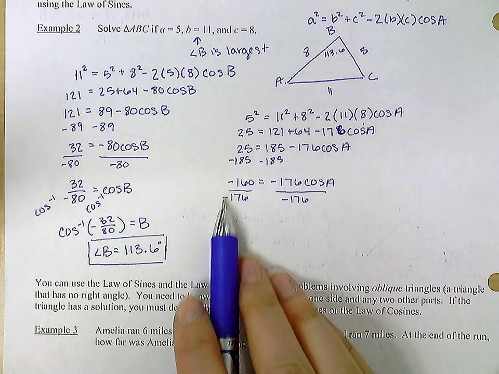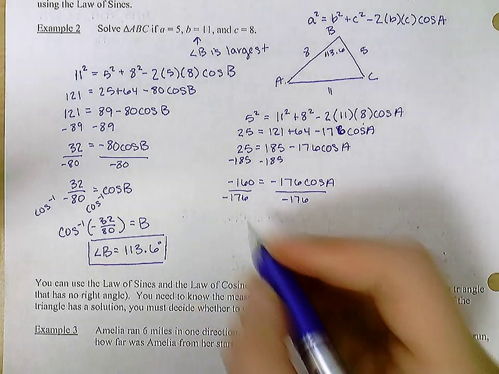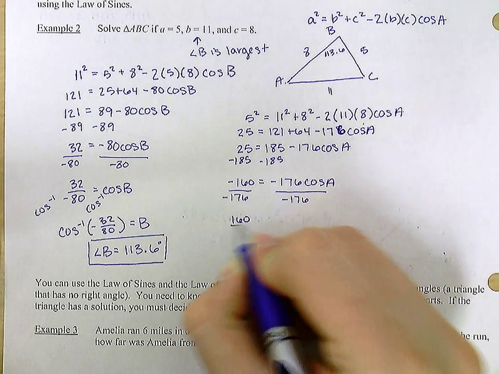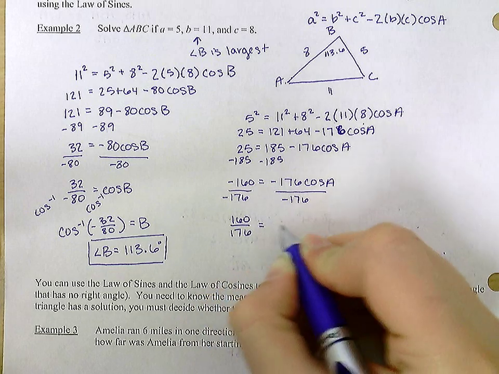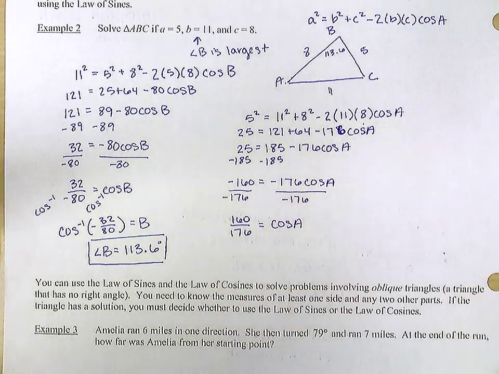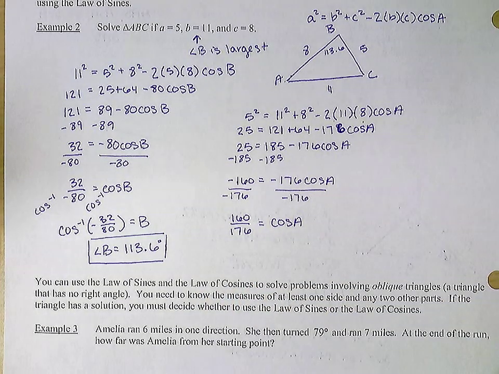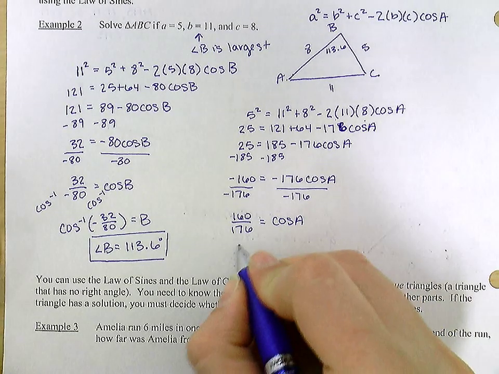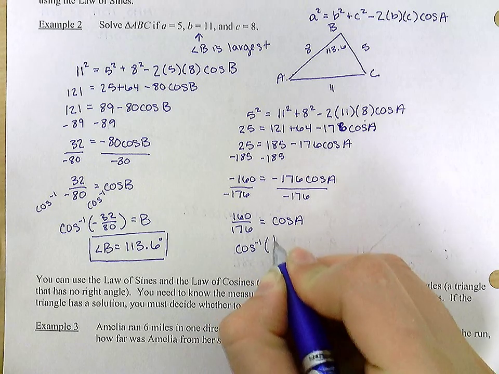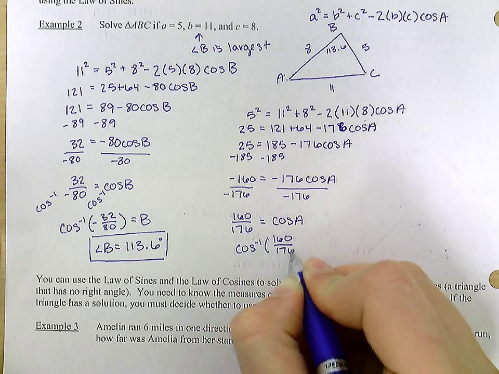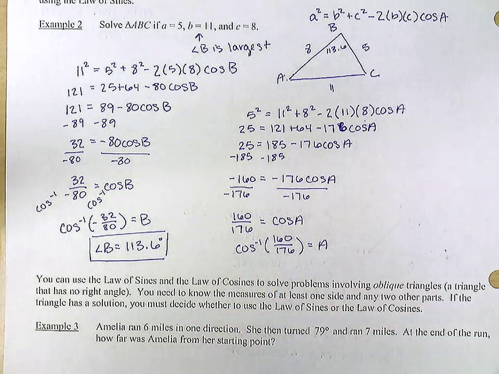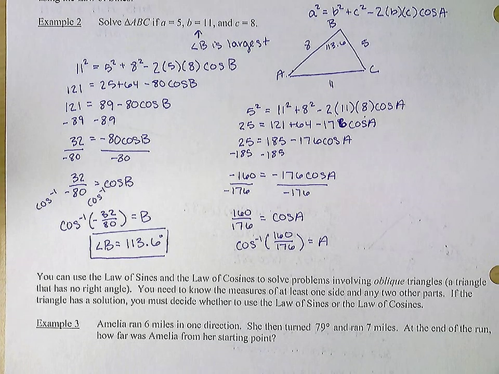Again, if I divide a negative by a negative, it is positive. So I have 160 over 176 equals the cosine of A. Okay, then cosine inverse to both sides. So we have the cosine inverse of 160 over 176 is equal to angle A.